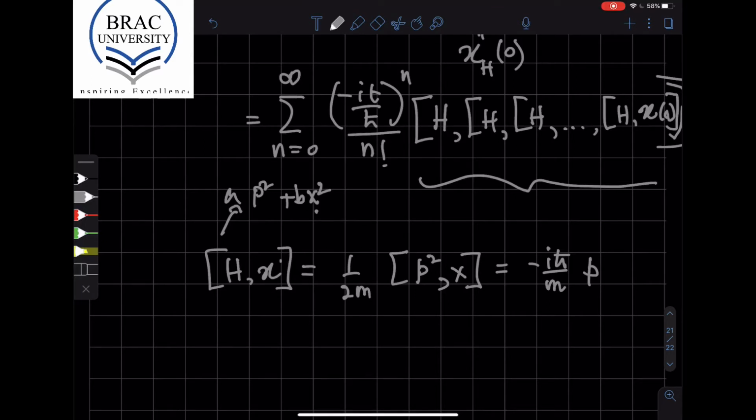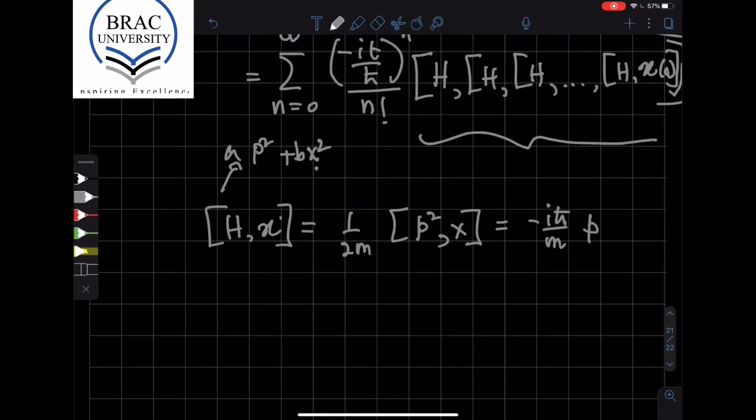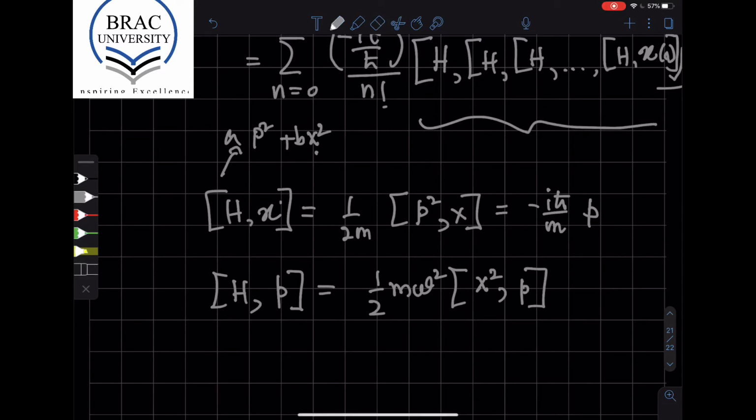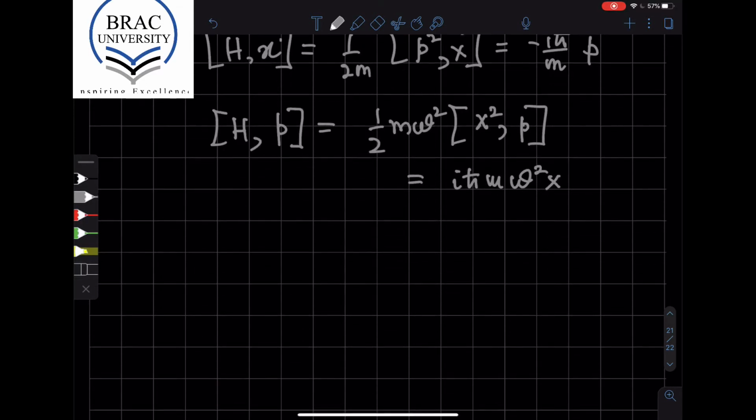And similarly, if I evaluate the commutator of H with p, this is going to give me one half m omega squared, the commutator of x squared with p, and that will be given by i h bar m omega squared x. So after this, we can say what is the commutator of H with the commutator of H with x.